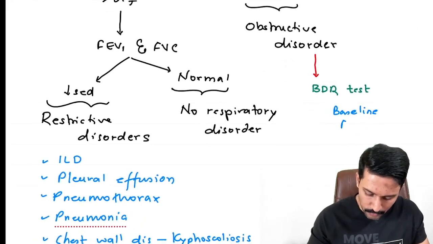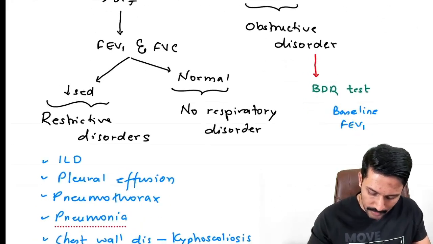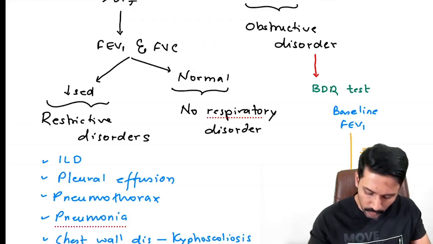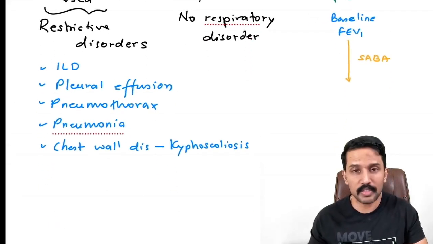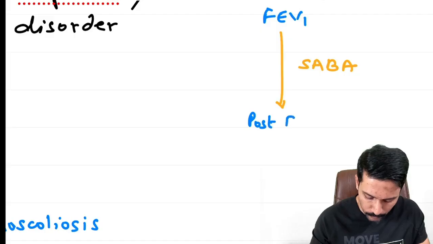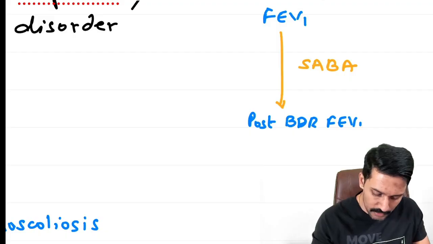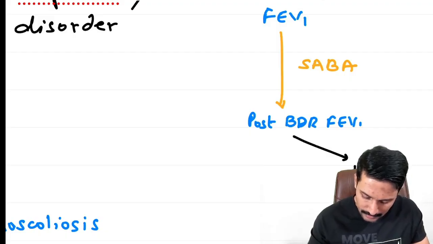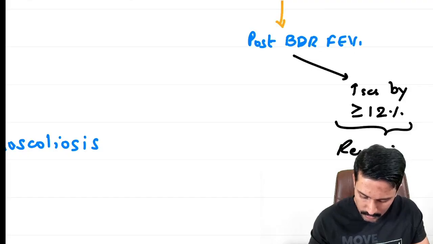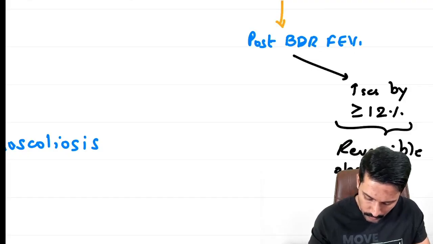On top of that we administer a short acting beta agonist, and whatever FEV1 we repeat after administering the SABA is called the post bronchodilator FEV1. If this post bronchodilator FEV1 increases by more than or equal to 12%, it is suggestive of reversible obstruction.